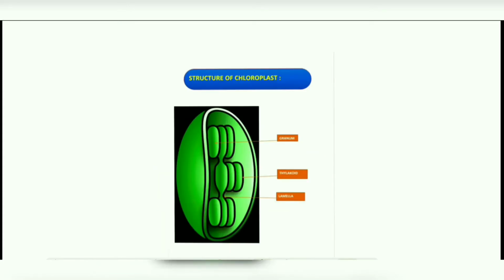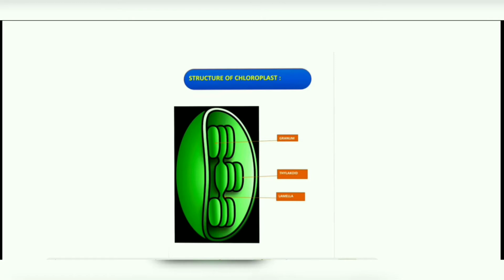Chlorophyll is present inside the granum or thylakoid of a chloroplast. Chloroplast is the structure which is present in plant cells. Remember, chloroplast is present in plant cells, so it is not found in any human or animal cells.